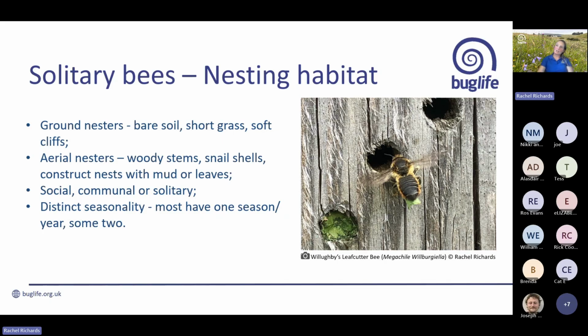So it's interesting to know, if you have a bee bank or an area where they're nesting, it might be that particular area is popular in the spring and another area might be popular in the summer, especially if your spring bank is in a shaded location by a river, for example, where in the spring it might be quite sunny, but later in the summer it's so shaded, no solitary bee is going to nest there. So it's just noticing how habitat is used and when it's used so that you can support that and look after that.